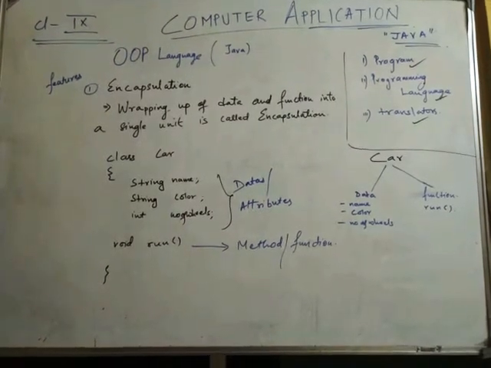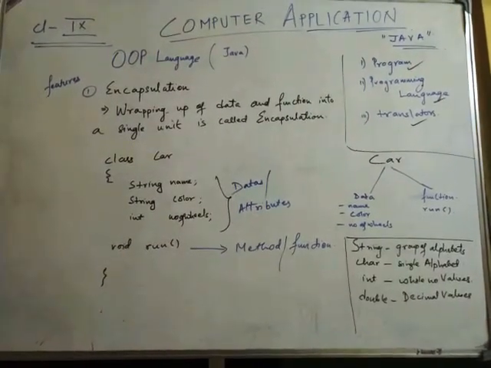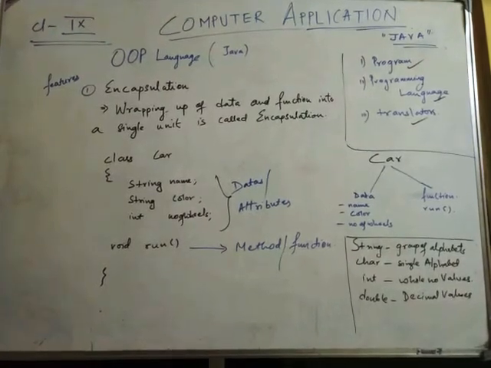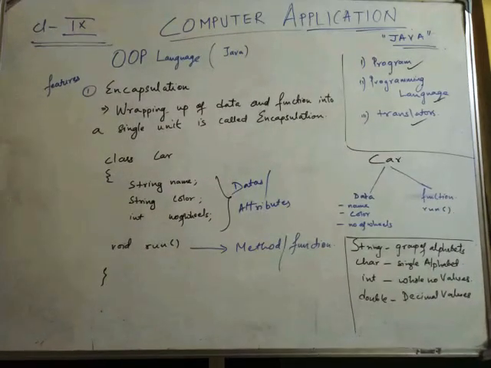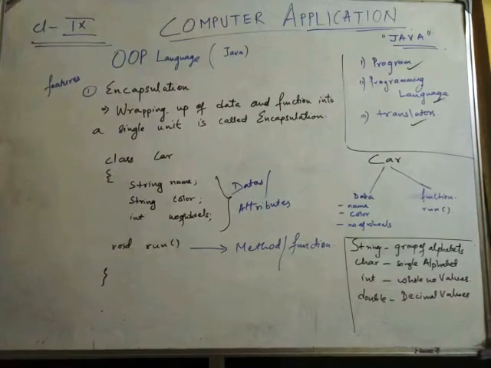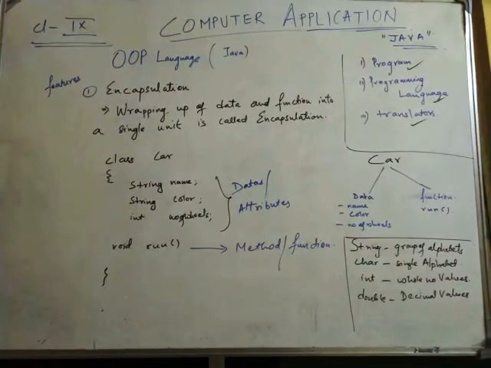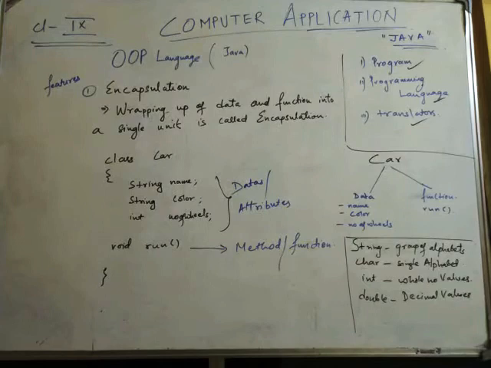I'm just noting it down. We use string for a group of alphabets. A name is a group of alphabets. Whenever we say the name of a car or name of a person or address, all these will be groups of alphabets. The value entered will be a group of alphabets. So for those cases, we use string.